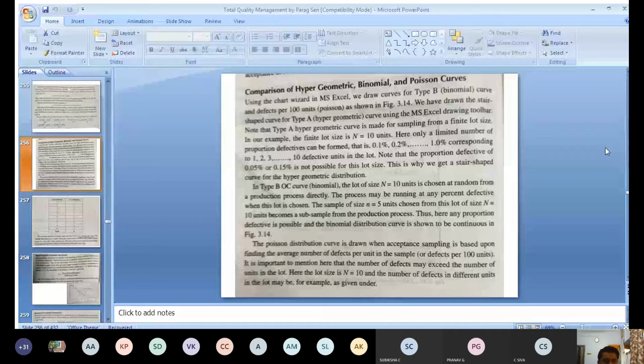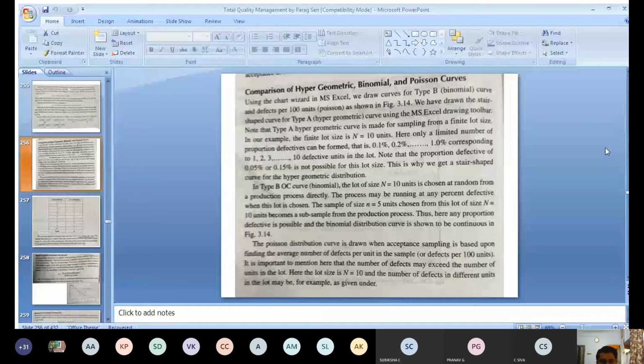The lot you are drawing from the production process becomes a sample from the perspective of the process, so the samples you pick from your lot are treated as subsamples. That's why any proportion defective is possible, and that's why the binomial curve is used.